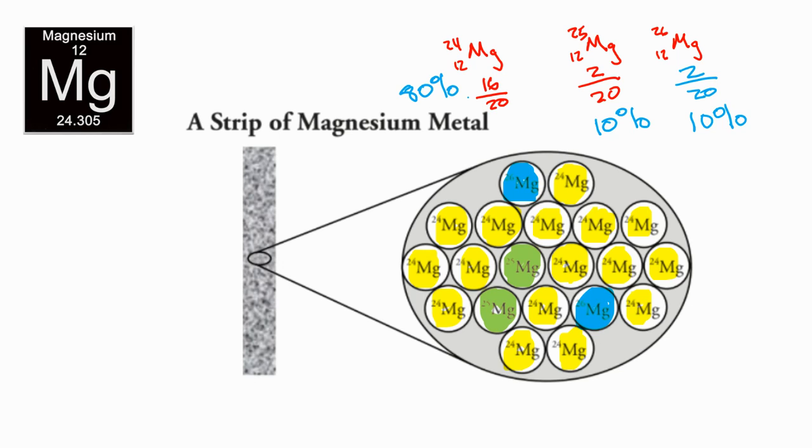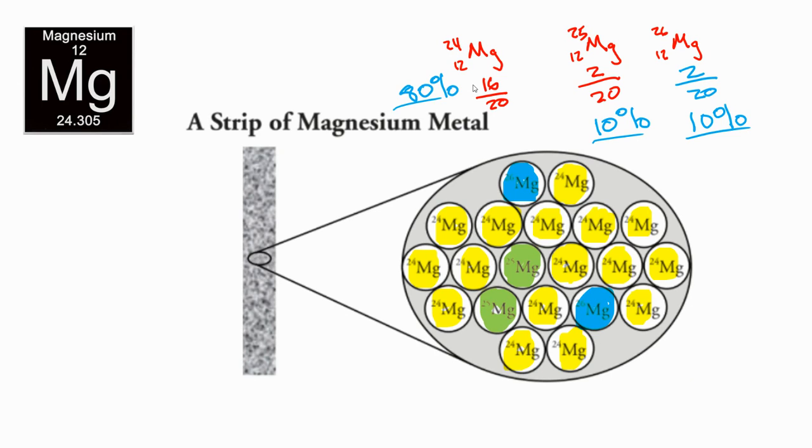So the vast majority of the atoms in this sample are magnesium-24 isotopes, but there are a handful of magnesium-25 and 26 atoms as well. These percentages that we just wrote down represent what we call the natural abundance of this particular sample.